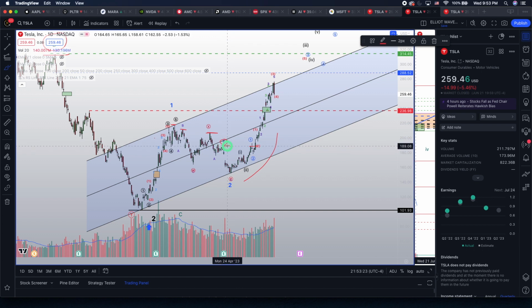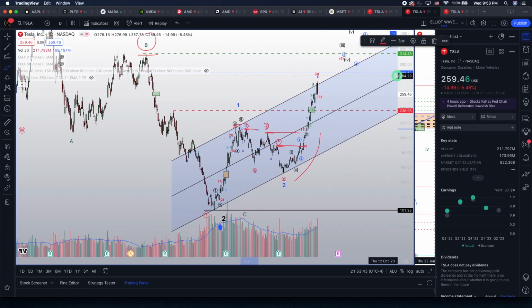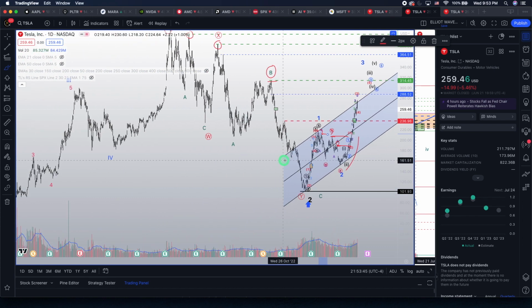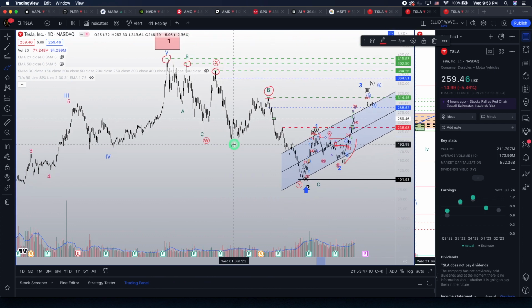I said a break of this B wave, then a break of this X wave, then a break of this B wave, then a break of this high over here for this larger degree first wave. And as we played those as key resistances on this minor scale, we got every single one of them. That's exactly the resistance levels that we are seeing now on the larger scale.